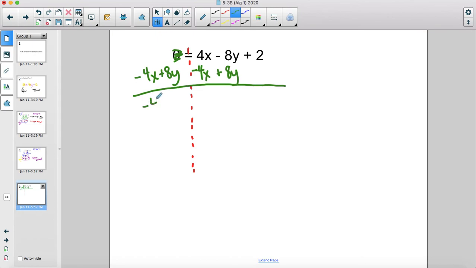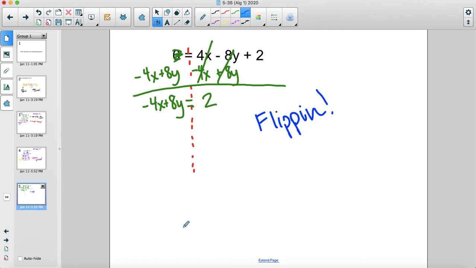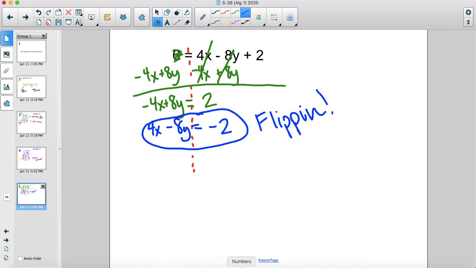So this minus 4x plus 8y just makes its way over here. Plus 4, that cancels out. The y's cancel out, and there's a 2. And then we just need to do the flipping method to make this be positive 4x minus 8y equals negative 2. So we flip everything. And then that's our final answer in standard form.